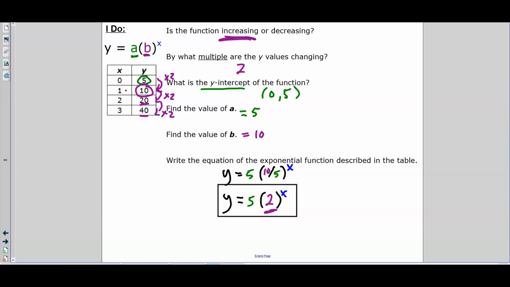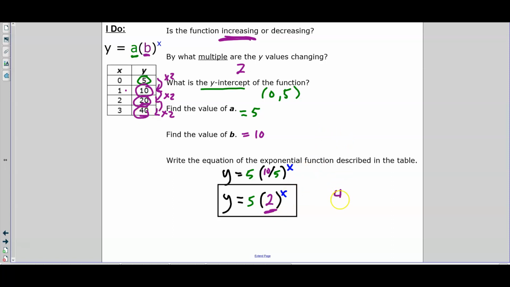Last time we didn't find the B on the chart, so here's what I could do. I could still do this without having to divide the 5. I can actually just take any two numbers here in your chart. Let's do 40 and 20, just so you can see how I would end up with this too.